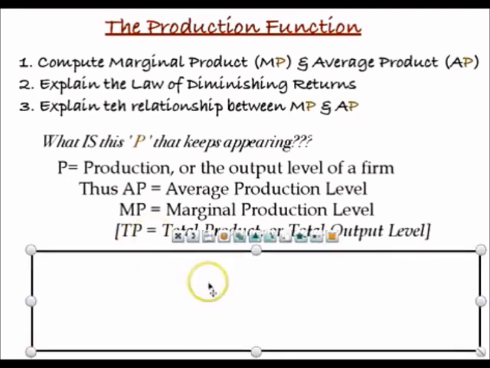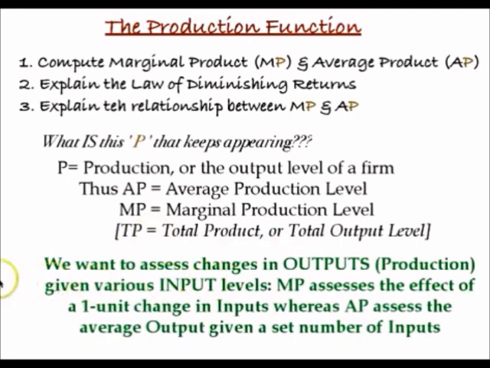Really, what we want to do is assess changes in outputs, production levels, given various input levels. So marginal product, being marginal, are changes that take place when a 1 unit change in input takes place. So how much output do we receive when we add 1 more input level? That's marginal product.